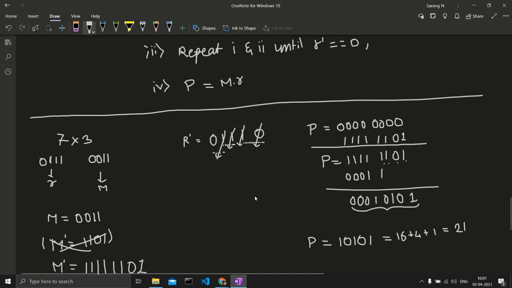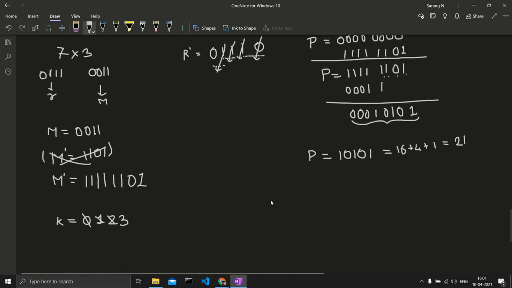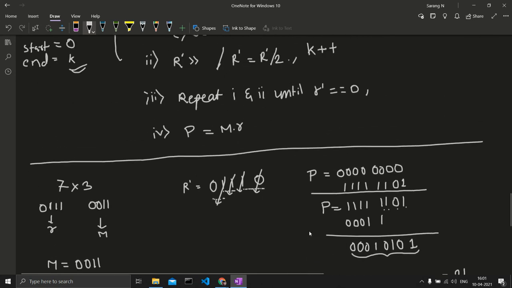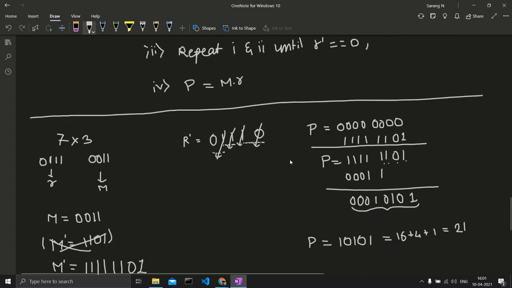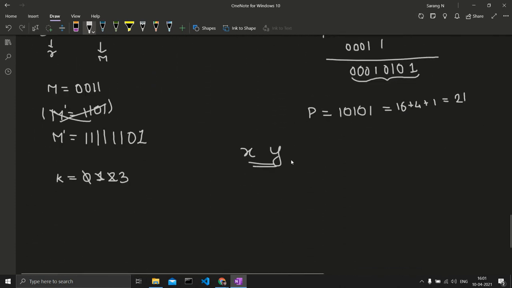Also we notice some things, that the wider the x and y, the more efficient this algorithm is. What are x and y, you ask. X and y are the bits of m and r. So the wider m and r are, the more efficient this algorithm will be.